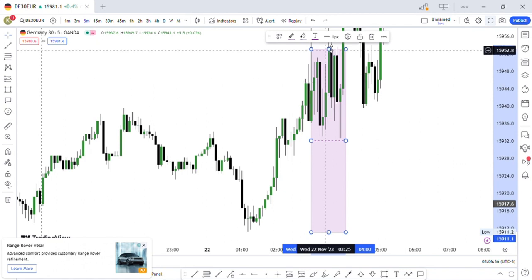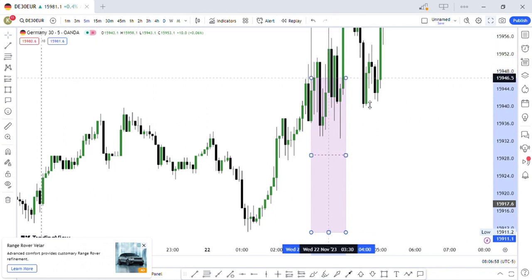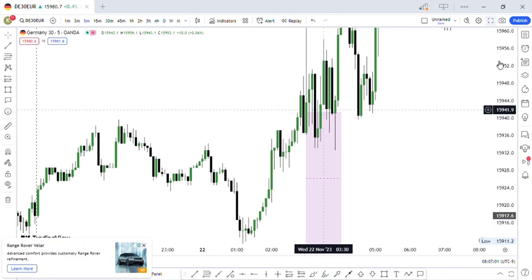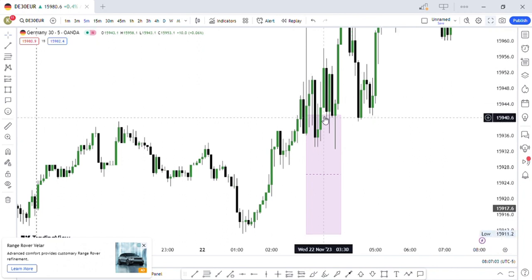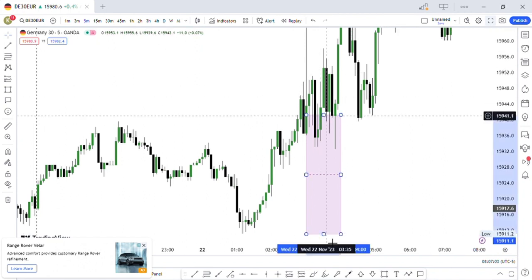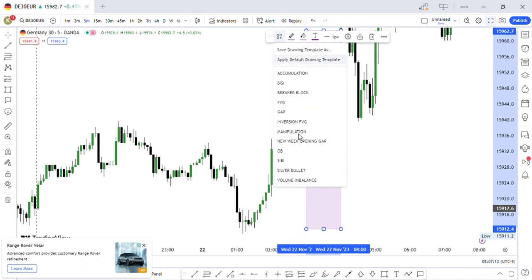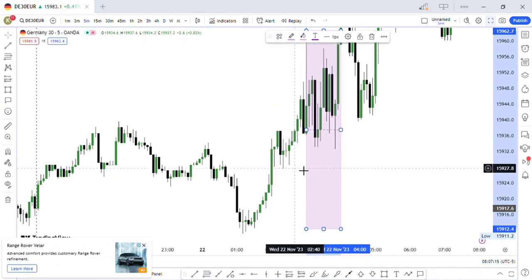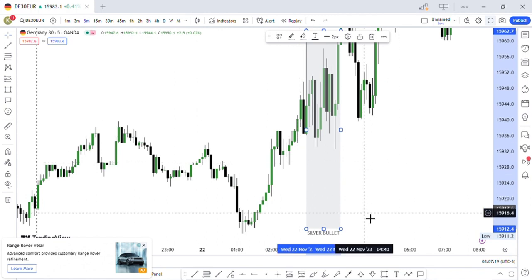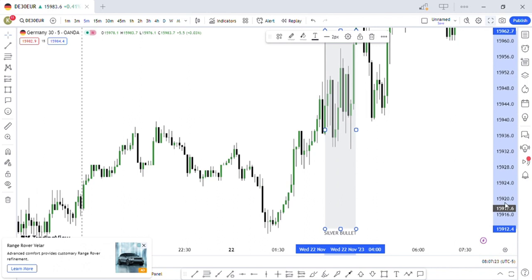So this little bullet, this is your silver bullet. We're gonna see if we are going to go bearish or bullish.